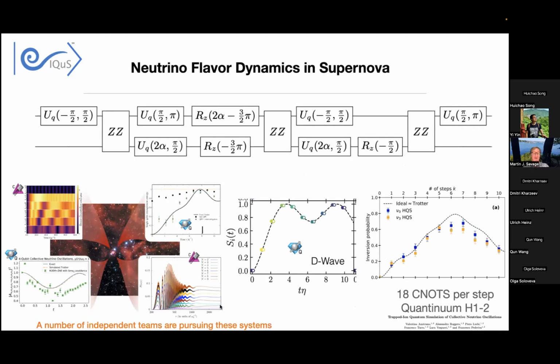We were able to perform simulations of a small system using the D-Wave annealer, using the Feynman clock algorithm to do time evolution. And there's been recent work from the University of Trento by Valentino Amatrano and collaborators looking at systems of 4 neutrinos, at how, for instance, an electron neutrino turns into a mu neutrino, and at the two-body entanglement.